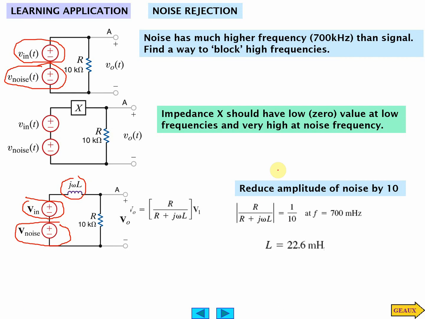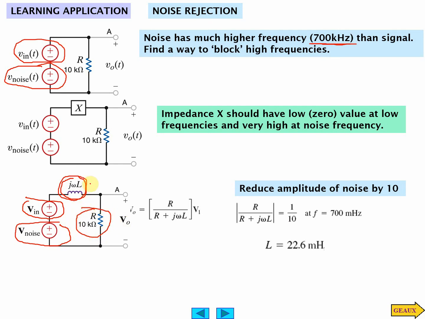Let's see, there we go, higher frequencies than the signal, and we want to reduce it by a factor of 10. We want to make sure that this is 9 times bigger than this.